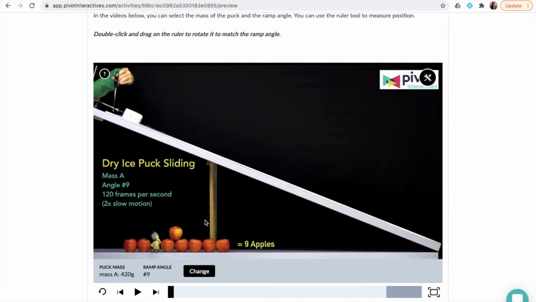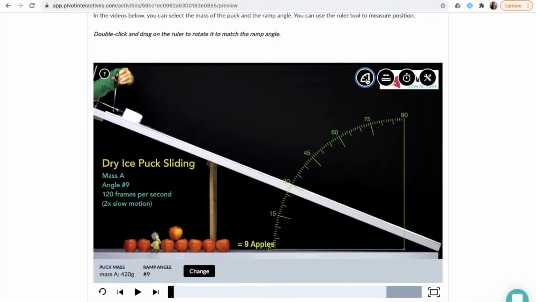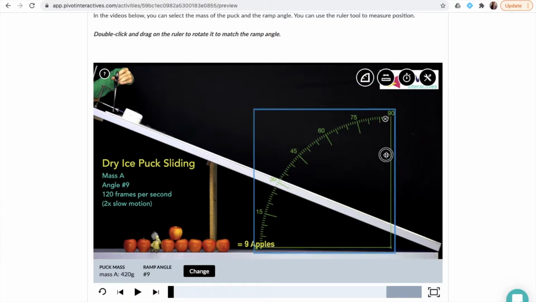I'll use this as an example to show you how to measure the positions at different times to determine the velocities, and finally to calculate these accelerations. So first things first, let's record this actual angle using a protractor tool.